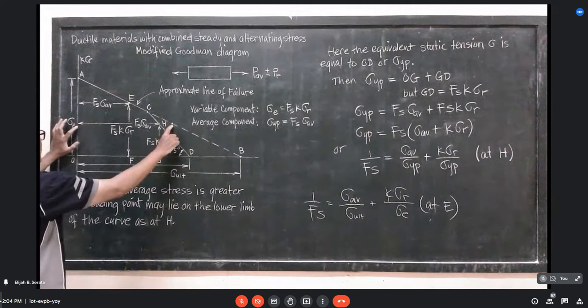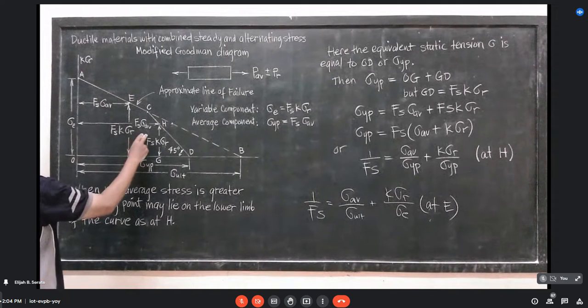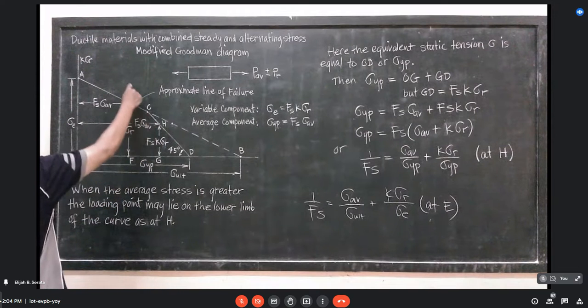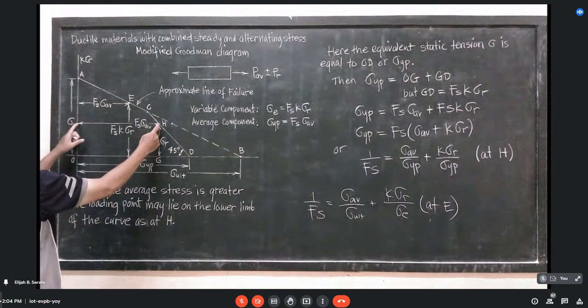Kasabot? Yes. Because factor of safety average is the coordinate, the horizontal coordinate. When it is on this line, your factor of safety average is there.